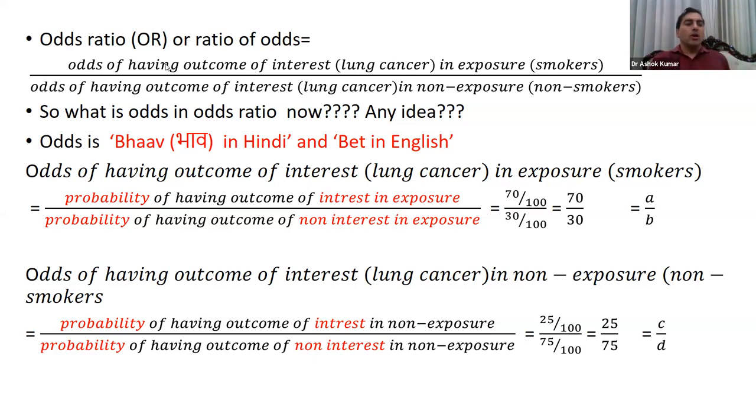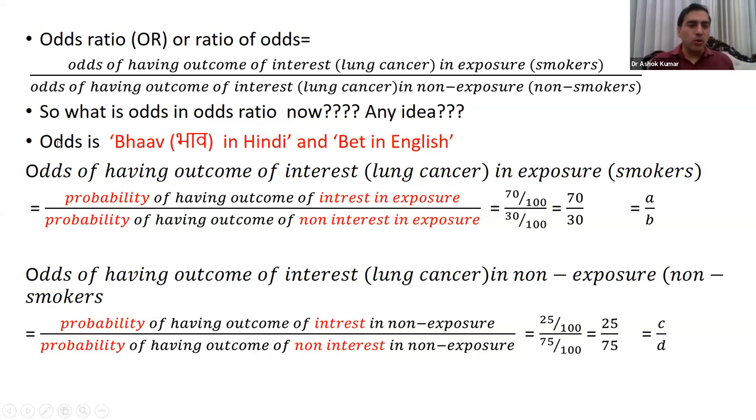So odds ratio is the odds of having the outcome of interest or disease like lung cancer in the exposure or risk factor group, that is smokers, over the odds of having the outcome of interest in the non-exposure, non-risk factor group, non-smokers. So what is odds in odds ratio now?